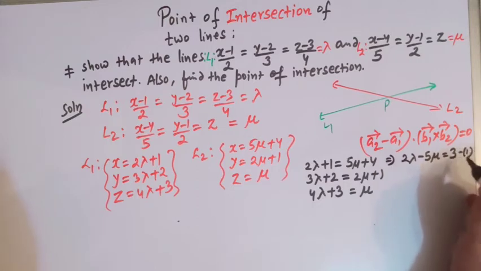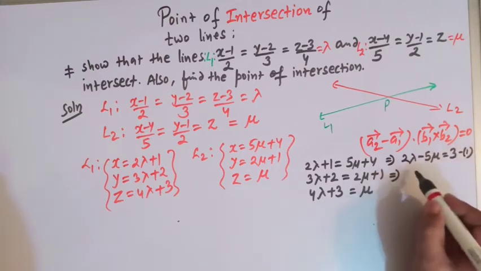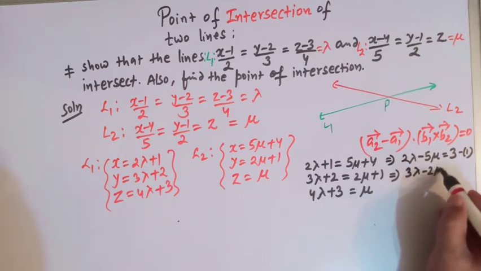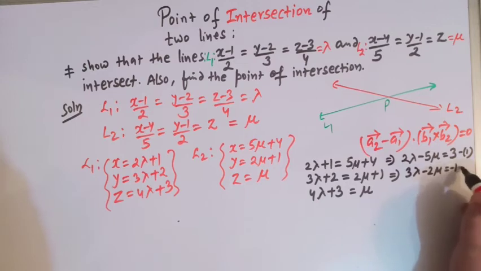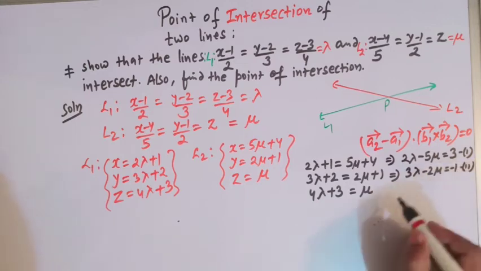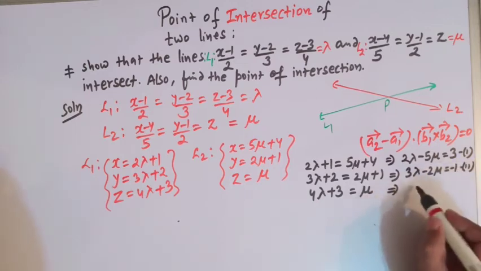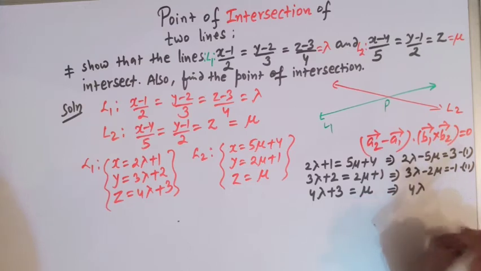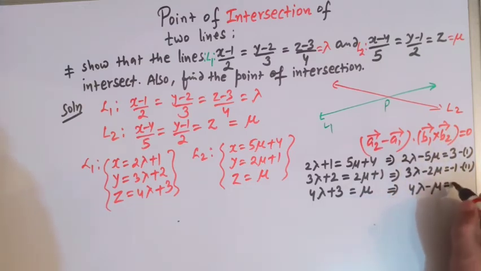This is equation 1, and from here we have 3 lambda minus 2 mu equal to minus 1. This is the second equation, and the third equation is 4 lambda minus mu is equal to minus 3, and this is the third equation, right?